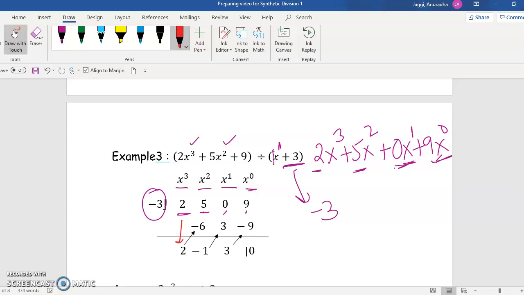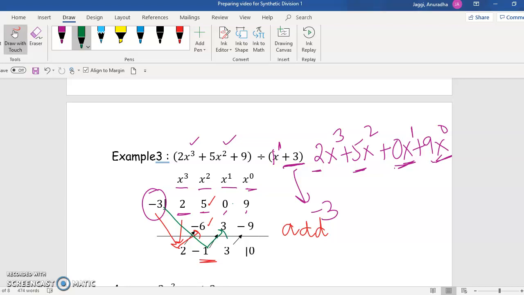Copy down this 2. Multiply -3 with 2. You will get a -6. Then you know that in synthetic division we add. So 5 plus -6 makes a -1. Now you go to the next one, -3 times -1 becomes a positive 3.